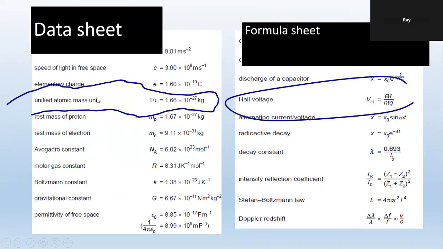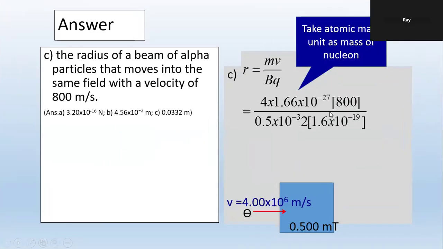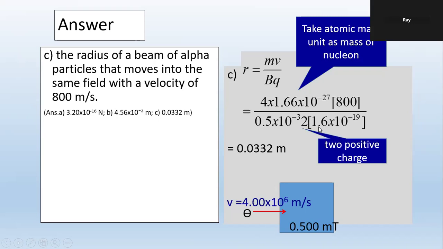Make sure you know how to find your atomic mass unit. That is your atomic mass unit. Mass of neutron, 3.34. Is it 3.34 times 10 to the power minus 22? Okay.